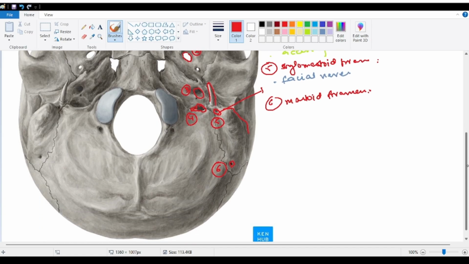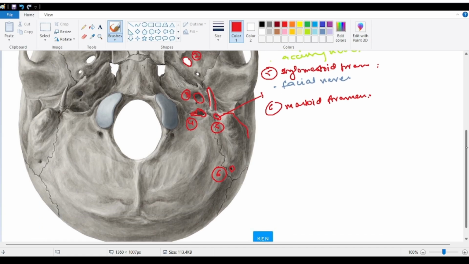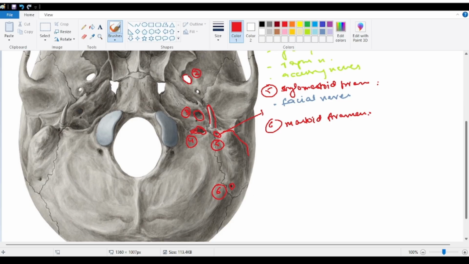There is another important canal. Here is the foramen magnum, and superiorly and laterally to it you can see a canal known as the hypoglossal canal. This hypoglossal canal is an important passageway for the hypoglossal nerve.